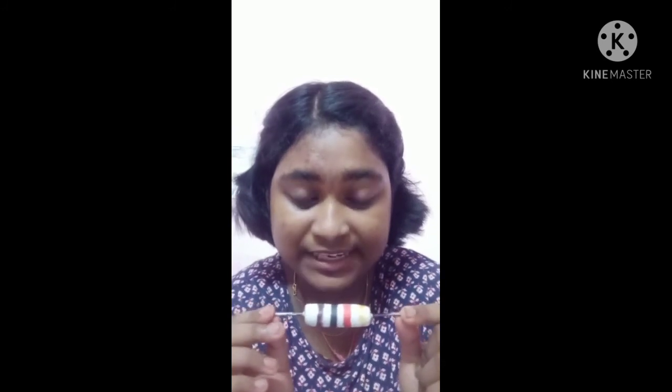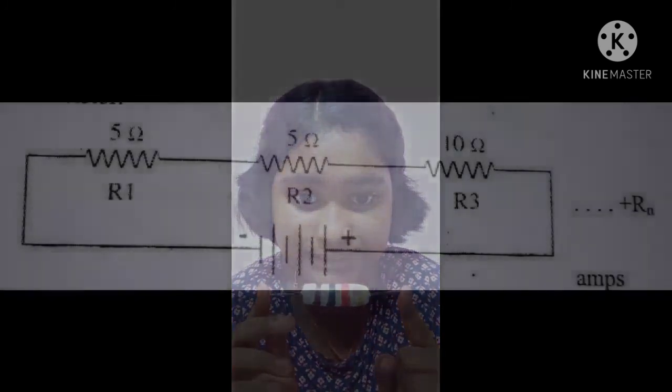Brown is representing 1, black is representing 0, red is representing 10 squared, 10 to the power 2, that is 2 zeros, as it is the multiplier, and the fourth band gold is representing plus minus 5% tolerance, and this model is representing 1000 ohms plus minus 5% tolerance as its resistance.